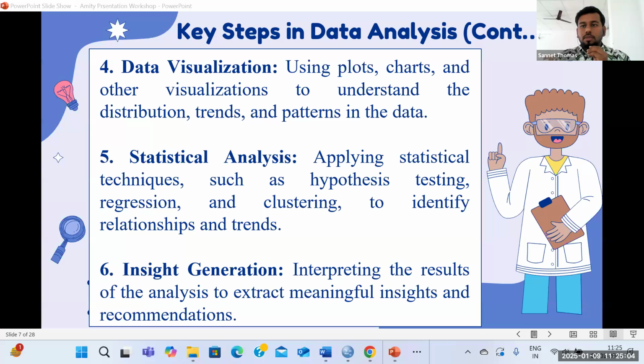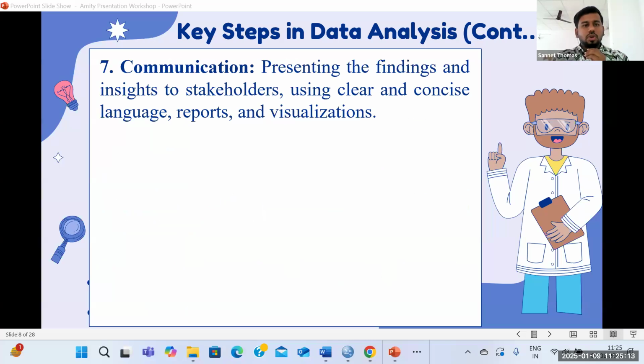And finally, we can make inferences based on the output. So these are the key steps involved in data analysis. And finally, we will communicate it with the scientific community, especially we will publish it, or we will present it in a conference.